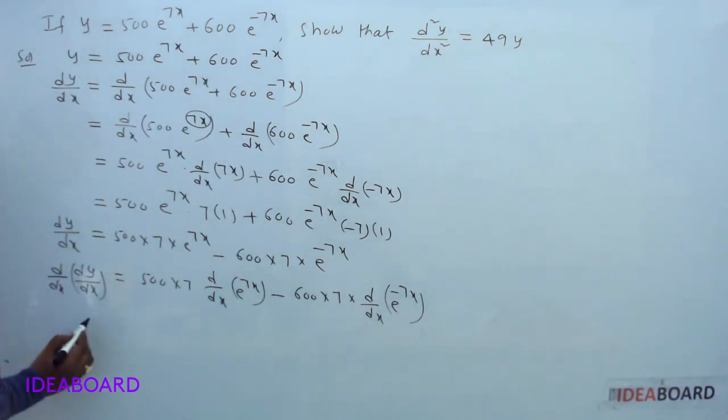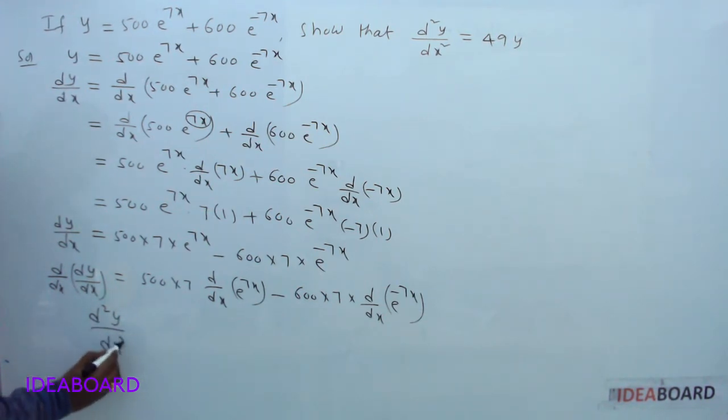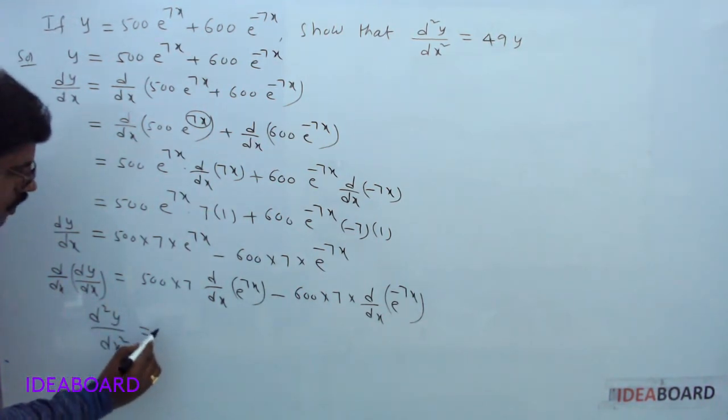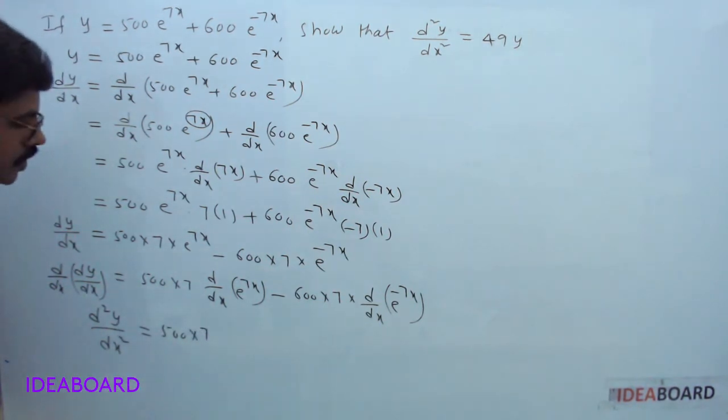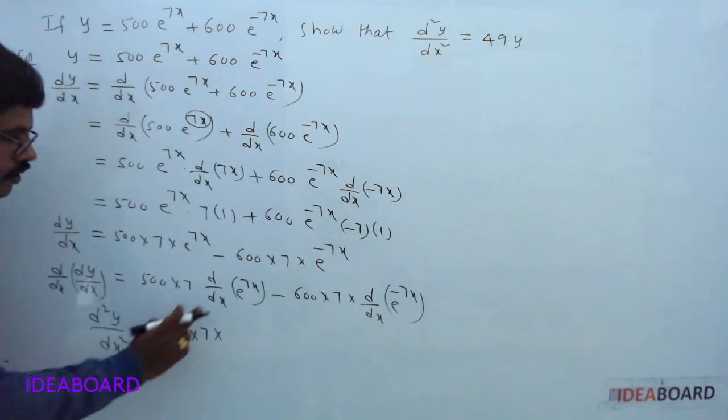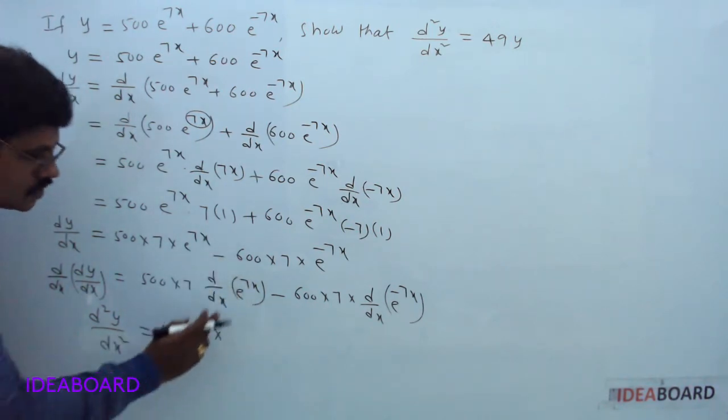Now d/dx of dy/dx, which is the same as d²y/dx². This equals 500 into 7 into derivative of e^(7x).